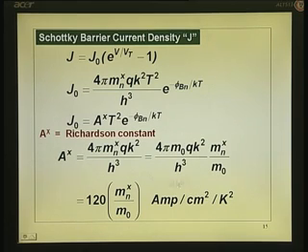You get a constant independent of the semiconductor multiplied by m star by m naught, and this quantity turns out to be 120. I think if you remember that, that is sufficient. A star is 120 into m star by m naught, ampere per centimeter square per K square, degree Kelvin. Okay. Now, you can compute A star.